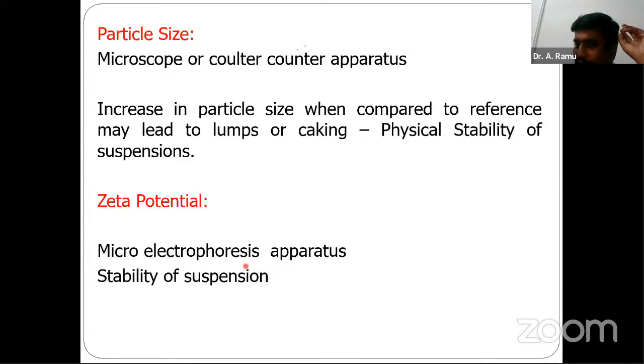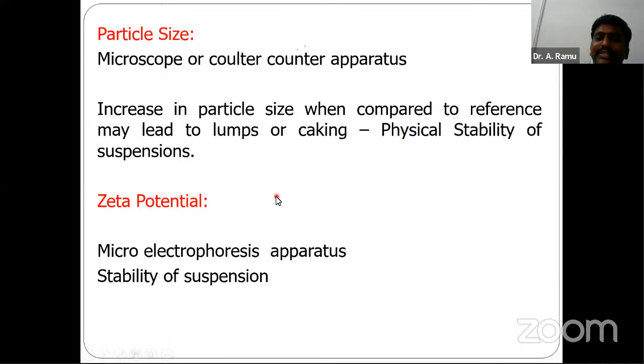Therefore, whenever you observe clusters or large size of particles, it indicates that the suspension is not stable. Whenever uniform size of particles is there throughout the suspension, it indicates that the suspension is physically stable. An increase in particle size when compared to the reference standard may lead to lumps or caking in the suspension, which automatically is not a physically stable suspension.